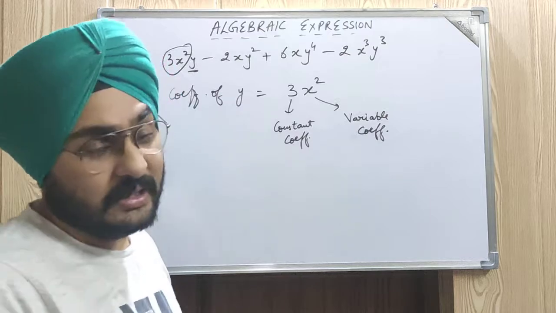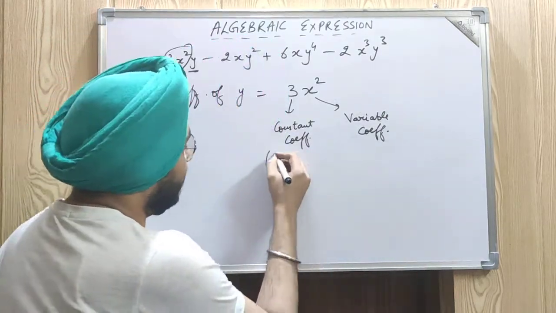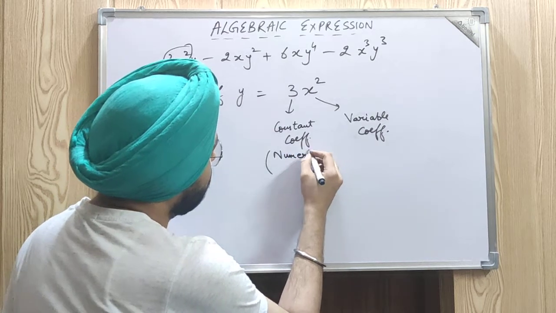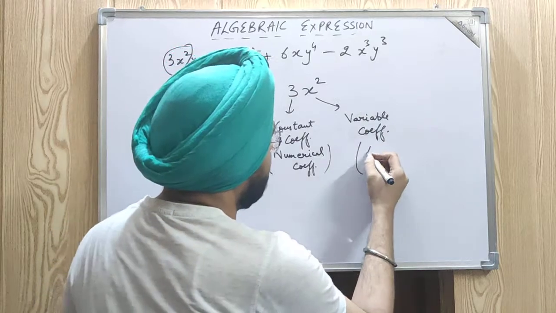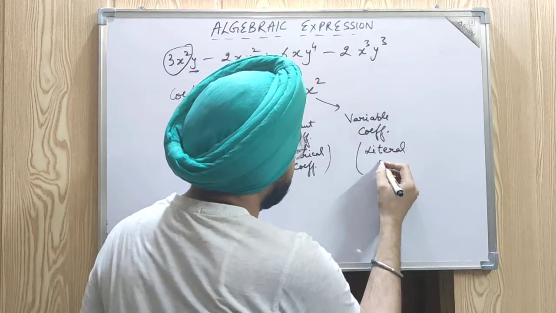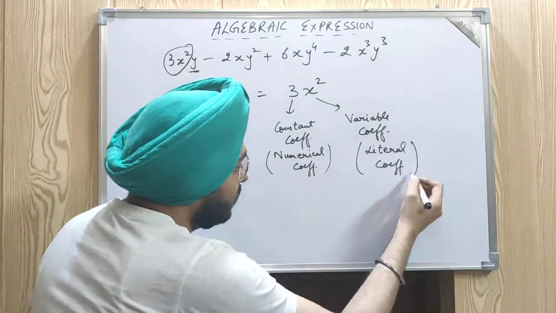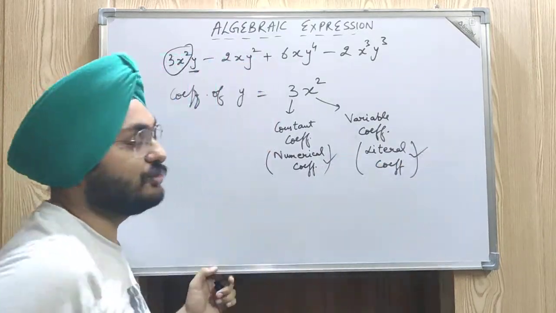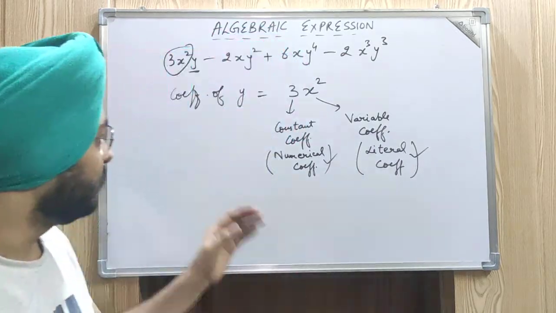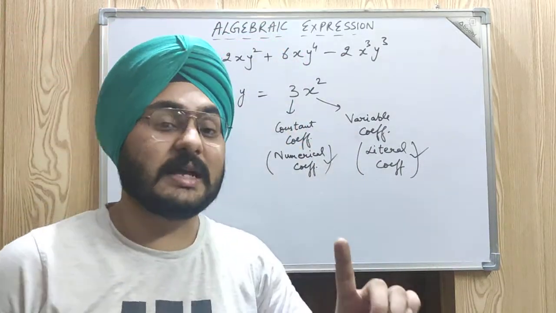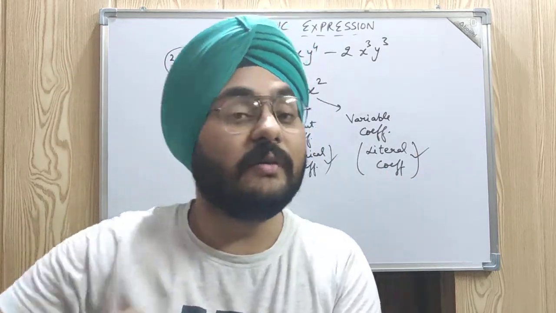The constant coefficient is also called numerical coefficient, and the variable coefficient is also called literal coefficient. Basically the question asked from you will be from these two terms, numerical coefficient and literal coefficient. But this one is applicable only for algebraic expressions with more than one term.